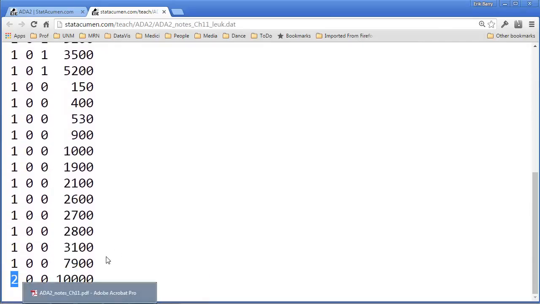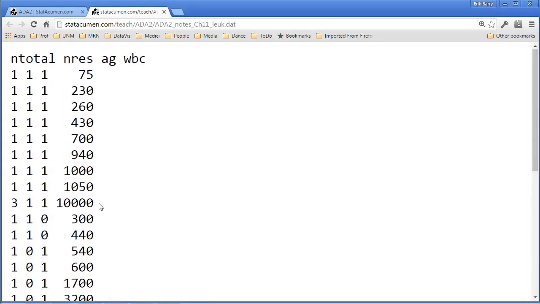And basically that's because these values of 10,000, that's basically the maximum that the machine can register for the white blood cell count. So that's why you can actually get multiple observations at that white blood cell count. Otherwise, each individual has a unique white blood cell count.